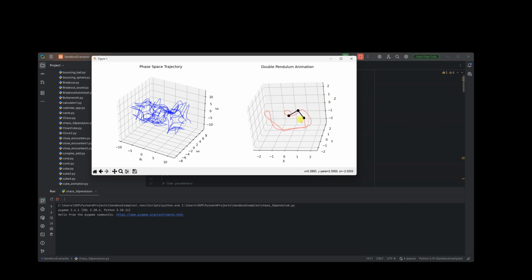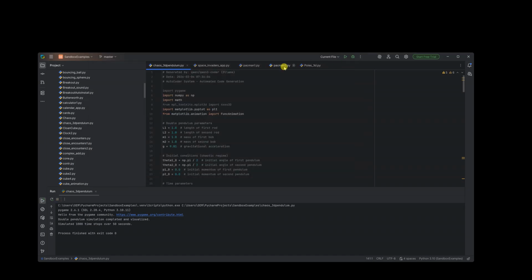I assume it's the angle of the top linkage versus the velocity of the top linkage and the velocity of the second linkage. It doesn't tell you a lot, mind you, it is chaotic, which means it's never really converging to any one equilibrium point. So anyway, that's a double pendulum.